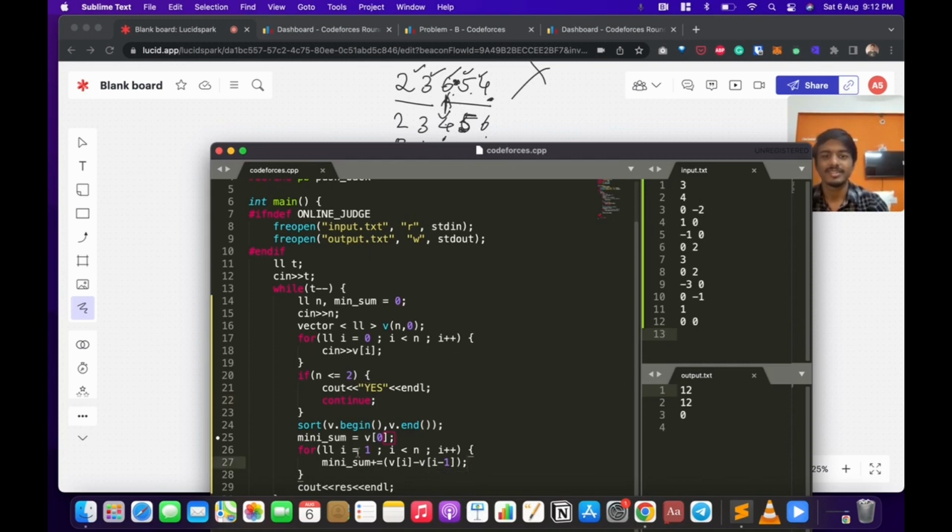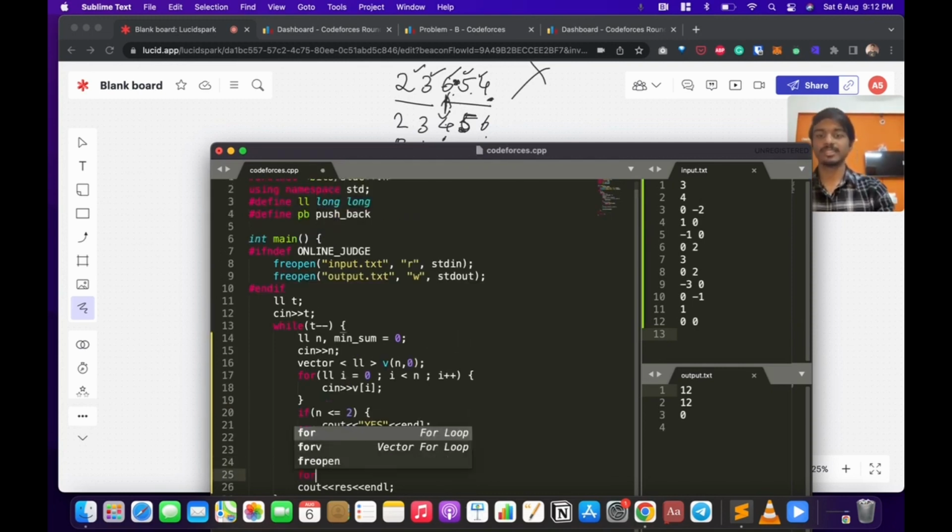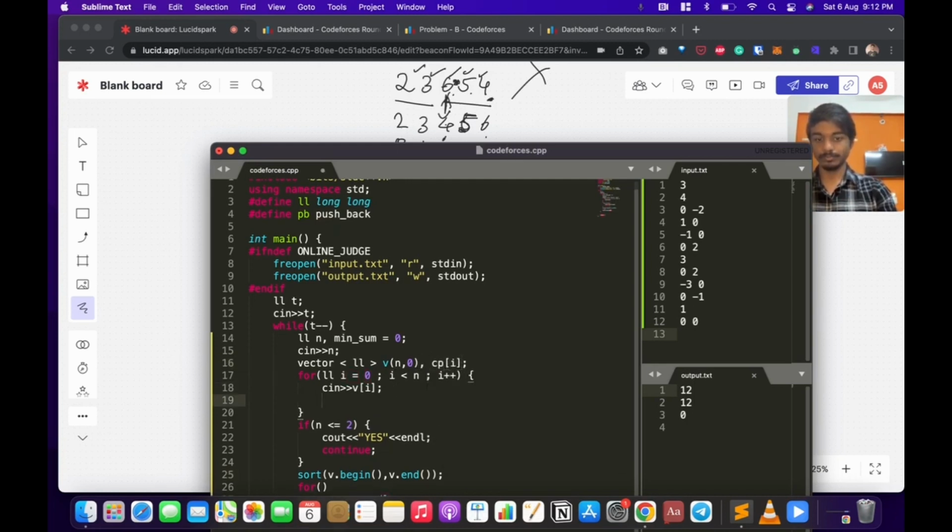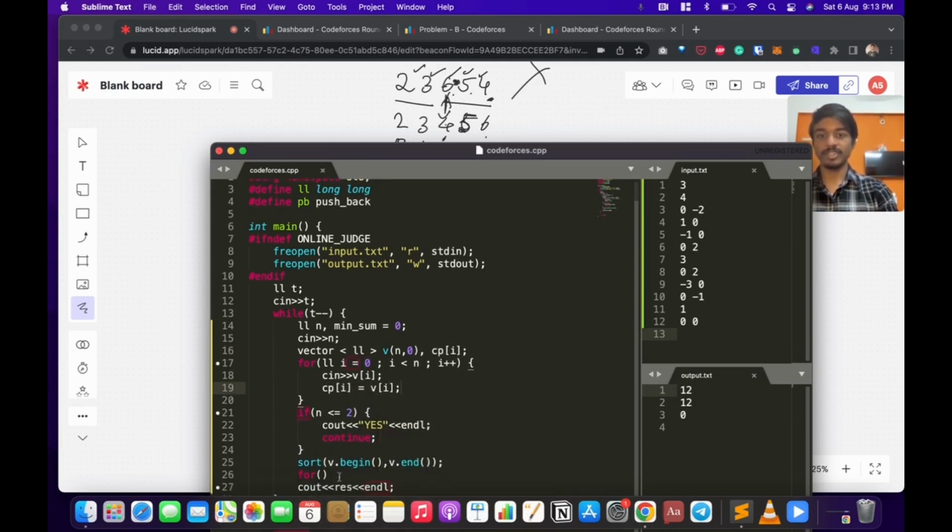I don't think we need this one, right? Next thing is we have to compare it. Yes, sorted.